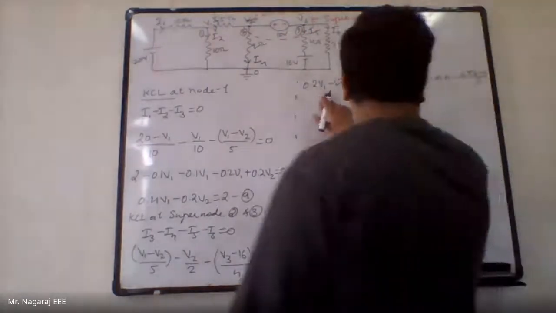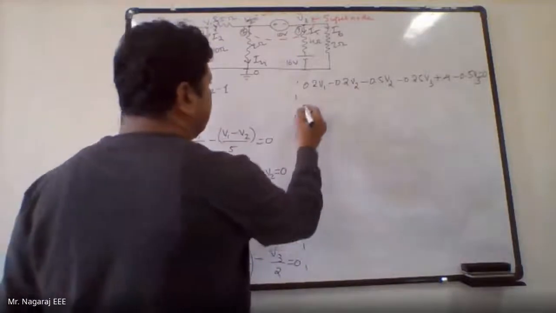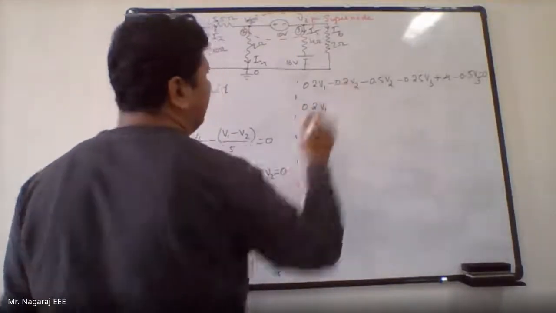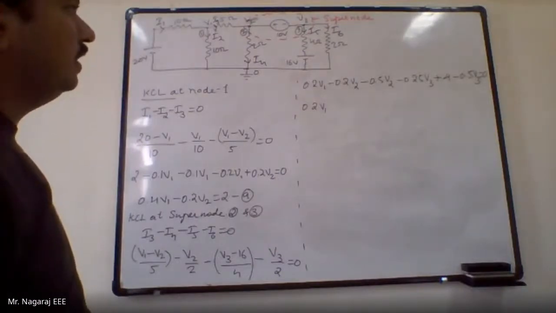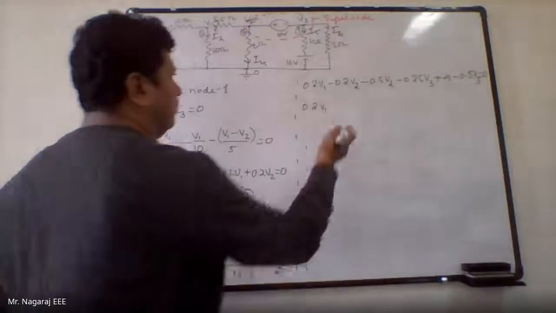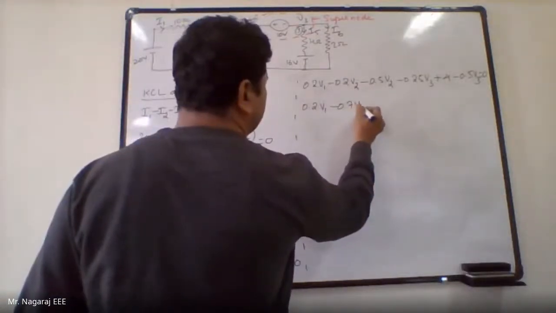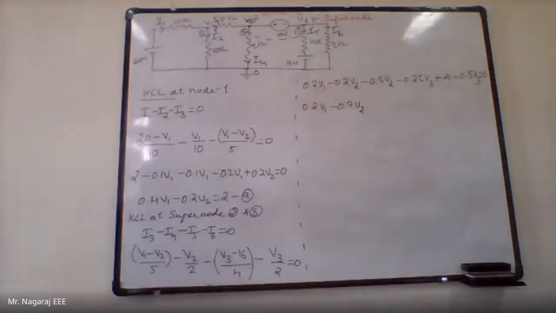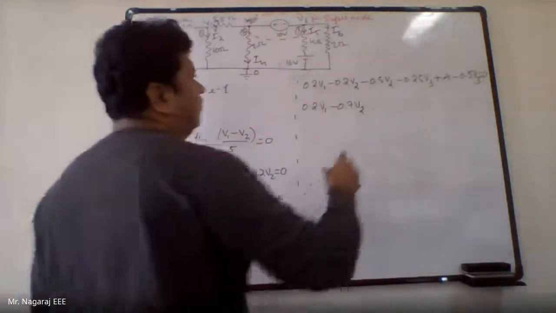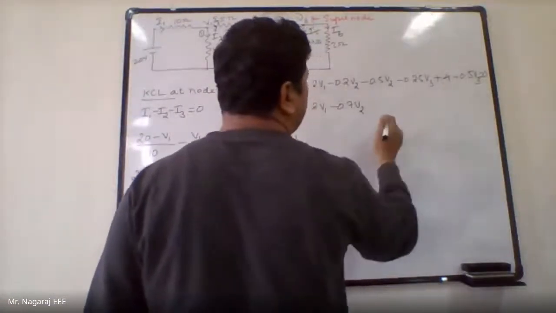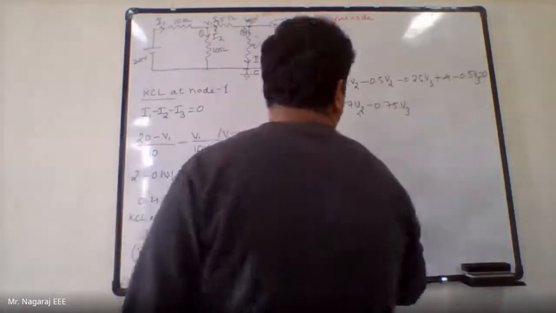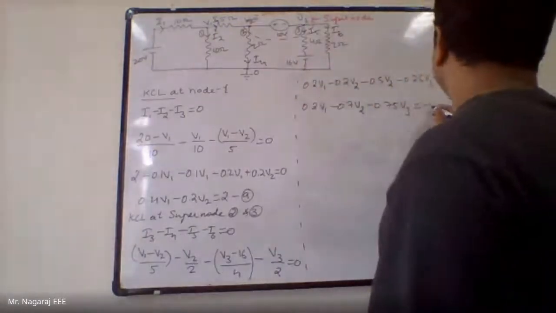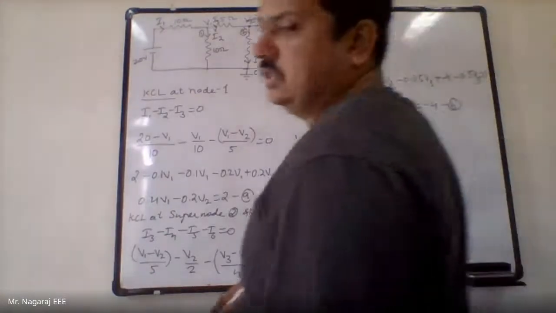So 0.2 V1 minus 0.7 V2 minus 0.75 V3 equals minus 4. This is equation B.